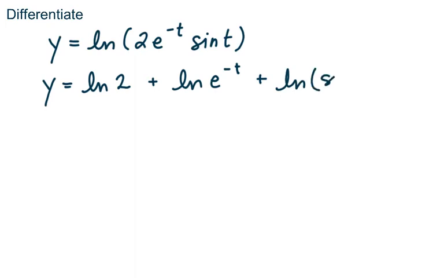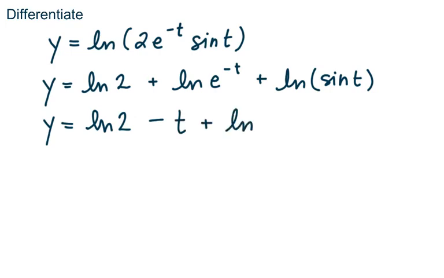So I need to use parentheses there. Now, thinking about algebra, when the argument and the base, natural log is base e, match, we can cancel them, and that would just become the variable in the exponent. So that would become minus t plus the natural log of sine t.